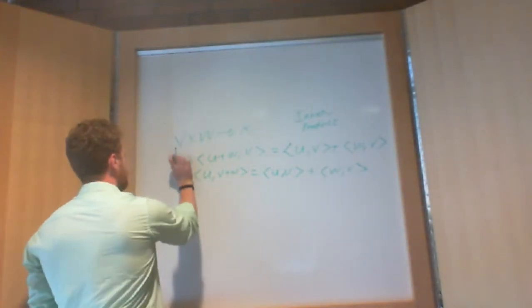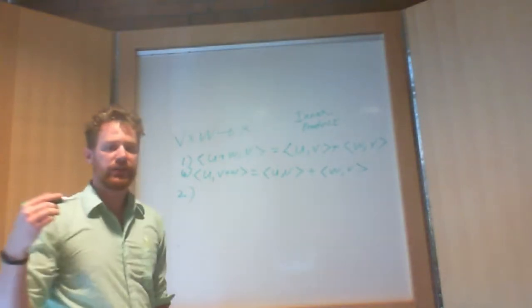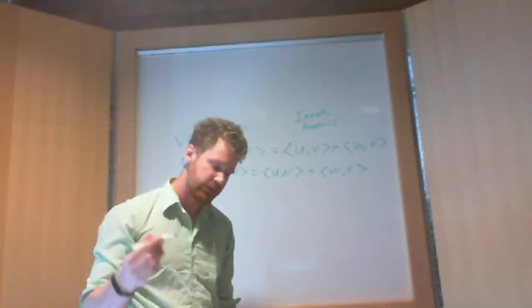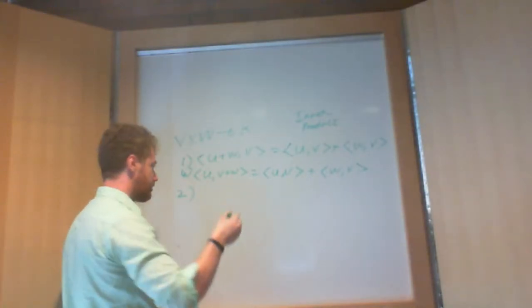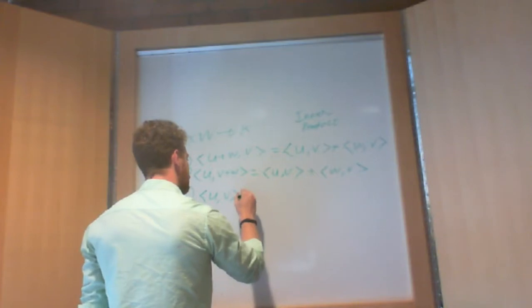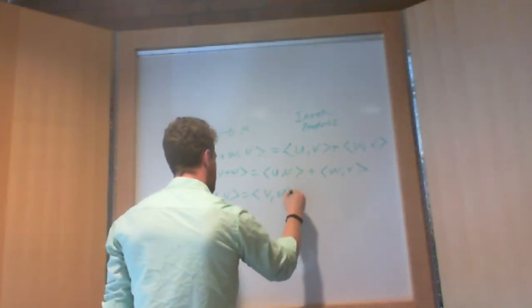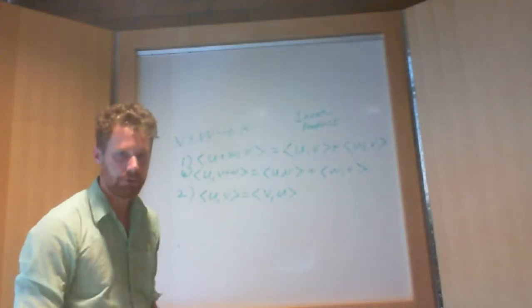The other property we have is the symmetric property, so we can write <u, v> equals <v, u>. If we flip the arguments around, it's the same value.